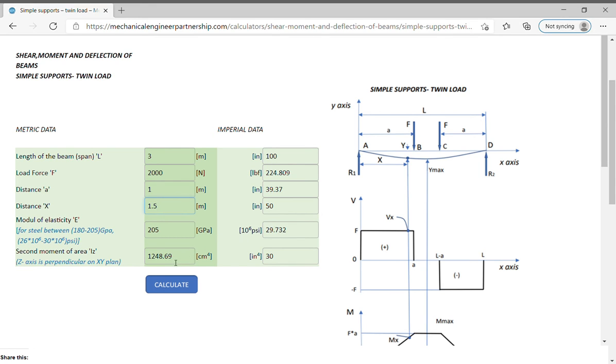If you already have the value, write it in the corresponding cell, in centimeter to the fourth power.